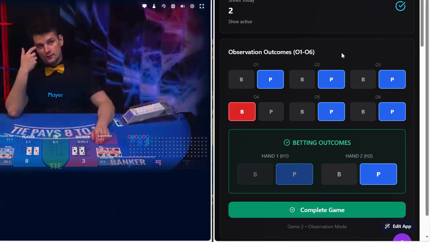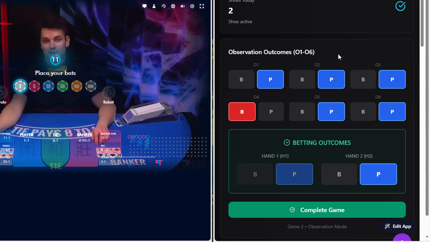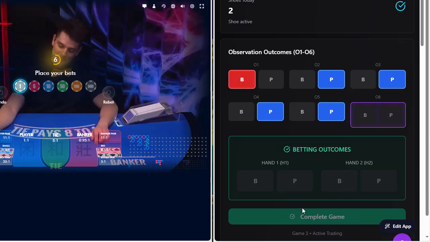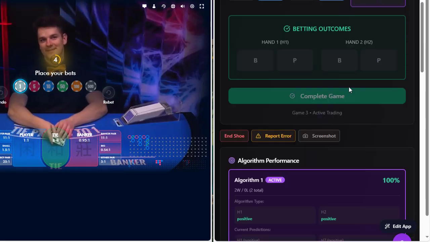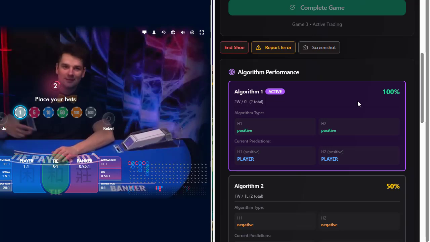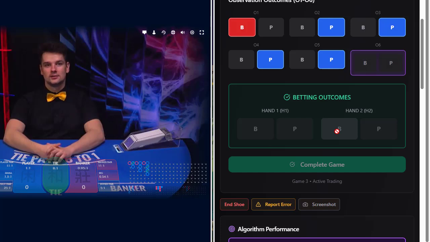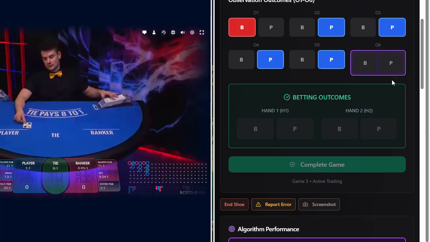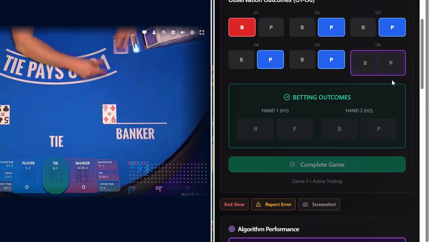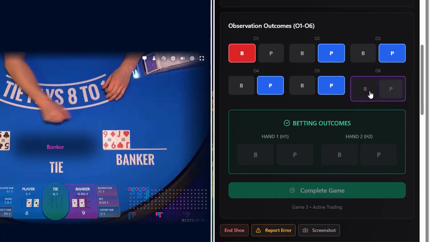So if I lose the very first game, and there's another algorithm at 100%, I'm going to short it in preparation that I might be on a losing trend. I think you guys understand what I'm saying. It's just a term that I'm using because it reminds me of shorting a trend.